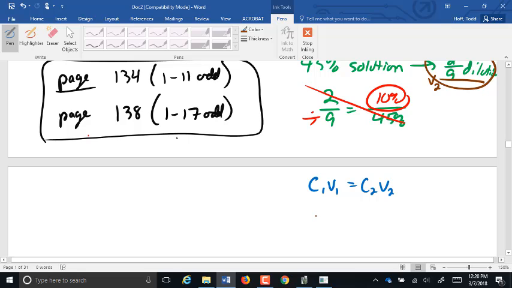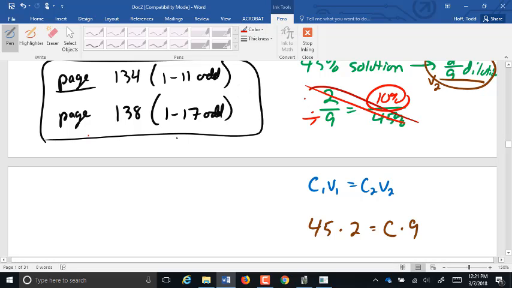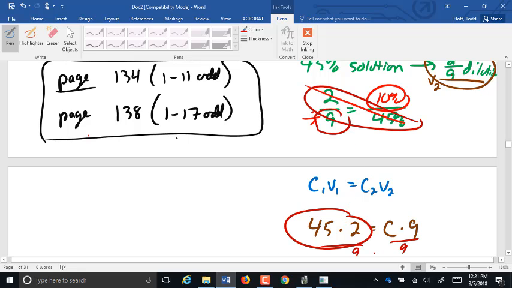So we could put the 45% times the volume of 2 equals our new concentration times the volume of 9. And we get the same result. Notice it's the exact same calculation we did up here. 45 times 2, and then we would divide by 9 to solve it.